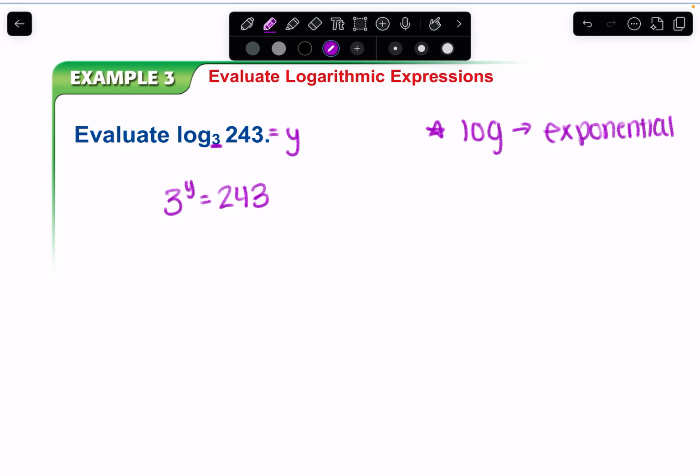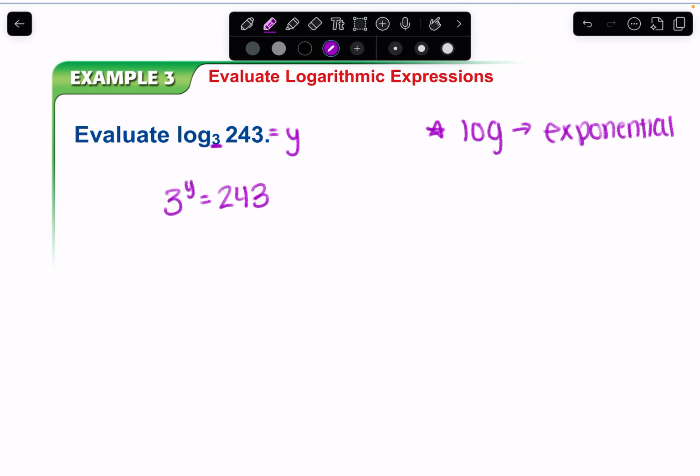What this question is actually asking you is 3 to what power is equal to 243. It's easier to think that through when you first change it to exponential form and then know what you're actually looking for. You could plug that into your calculator.